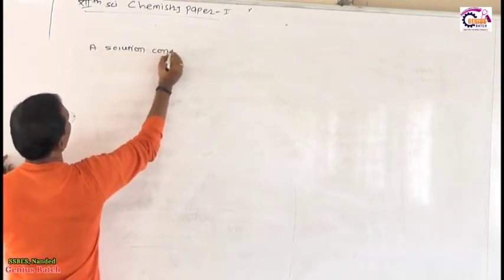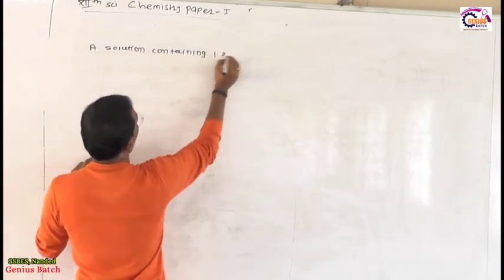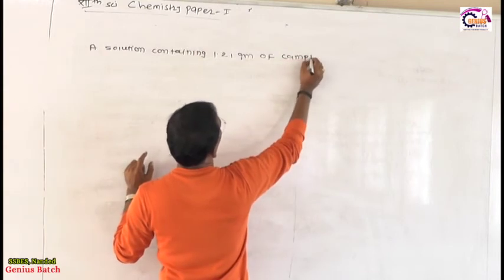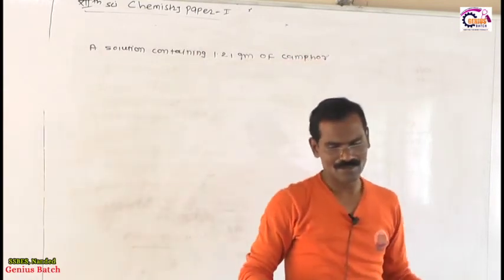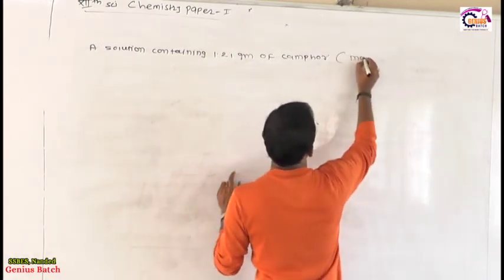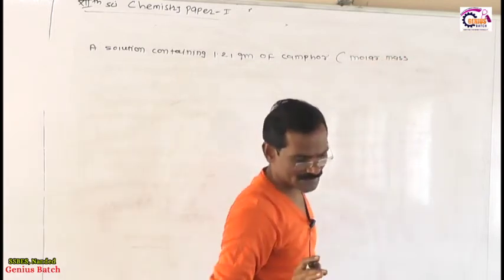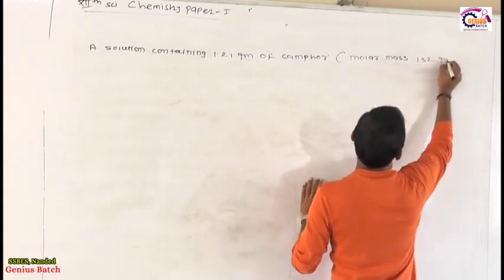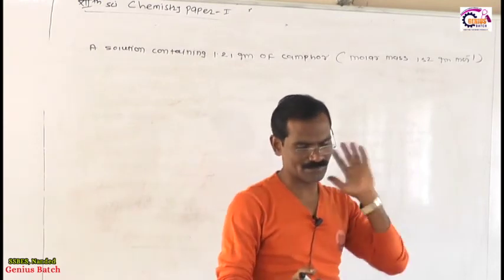A solution containing 1.21 gram of camphor, molar mass 152 gram per mole. They have given the molar mass of camphor. The molar mass of this camphor is 152 gram per mole.